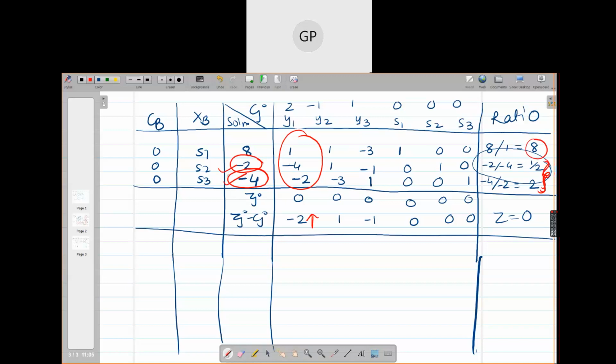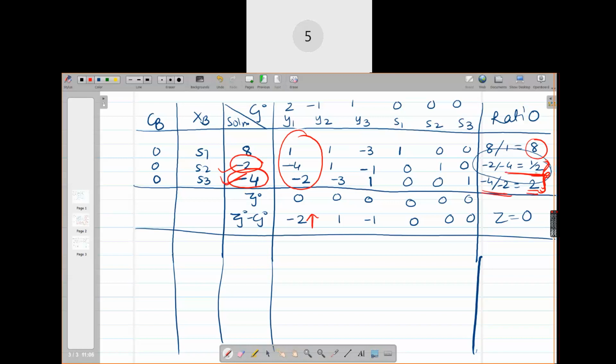Please repeat. See, because the answer of S2 is negative. I'm not saying -2, I'm saying negative, and that's why this ratio is becoming positive, right? Similarly, S3 is negative, and that's why this ratio is becoming positive.